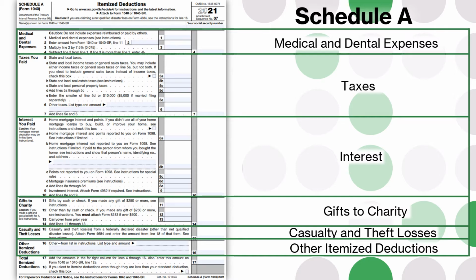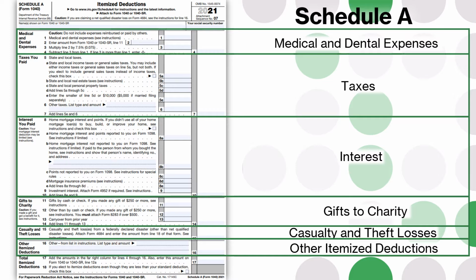It's broken down into some large categories of the kinds of expenses, and they match the categories that were on that intake form. So it starts off with medical and dental expenses, and then it goes into taxes, and then there's a section for interest and a section for gifts to charity. There are a couple of other smaller sections down at the bottom. We're not going to delve into those.